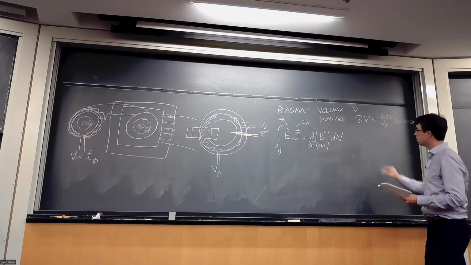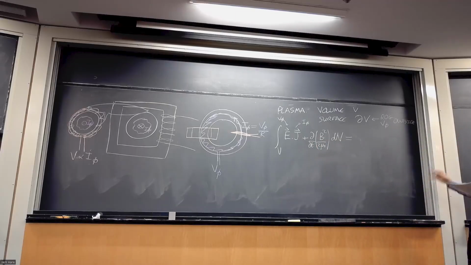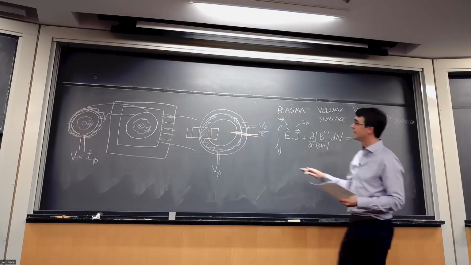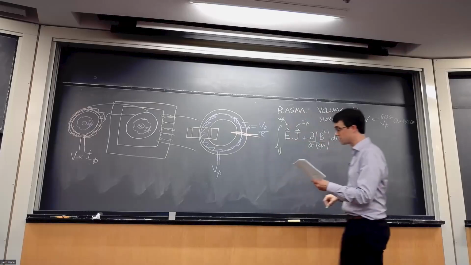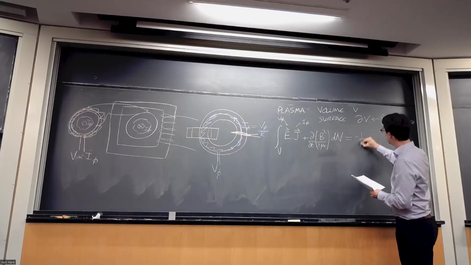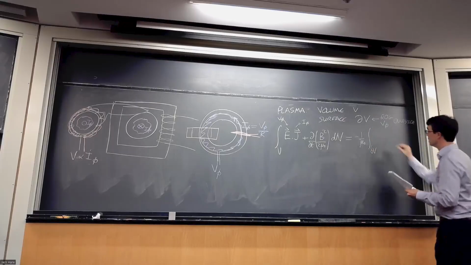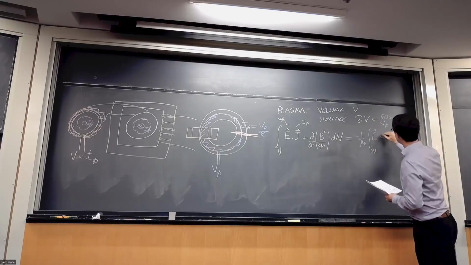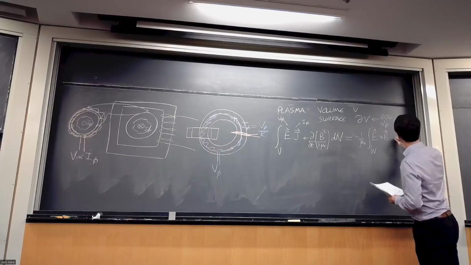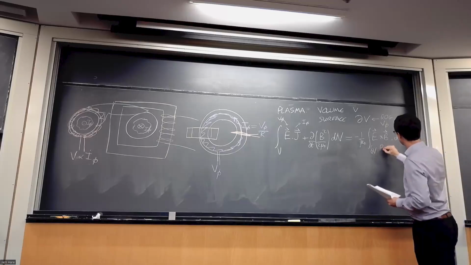And this change in internal energy of the system is going to be equal to the energy that we're injecting into the system. We're injecting the energy into the system through this transformer, and this is going to be equal to 1 upon mu naught, the integral through this surface, partial V, of E cross B integrated over the surface. So this is the Poynting flux from electromagnetism.